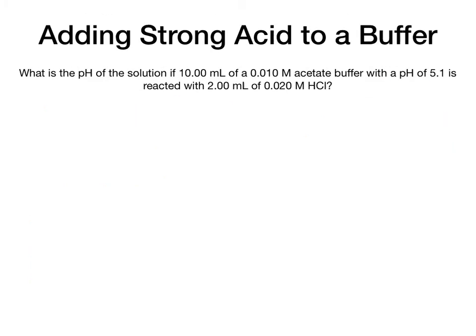Now that we know something about this buffer, we are going to take 10 milliliters of this 0.01 molar acetate buffer with a pH of 5.1, and we're going to react it with 2 milliliters of 0.02 molar HCl. So we are starting with a buffer solution.